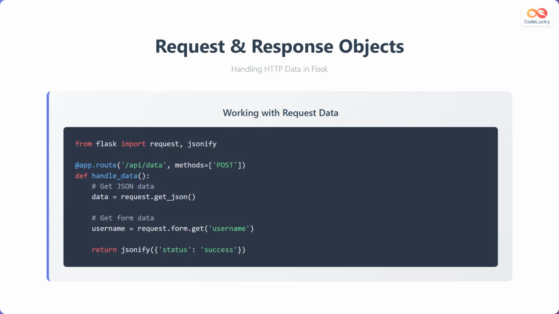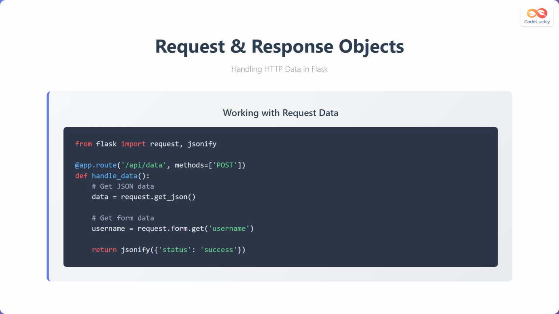Flask provides request and response objects to handle HTTP data effectively. The request object contains all information about the incoming HTTP request, including form data, JSON payloads, query parameters, headers, and files. The get_json method retrieves JSON data from POST requests, while request.form provides access to form data submitted via HTML forms. Query parameters are available through request.args.